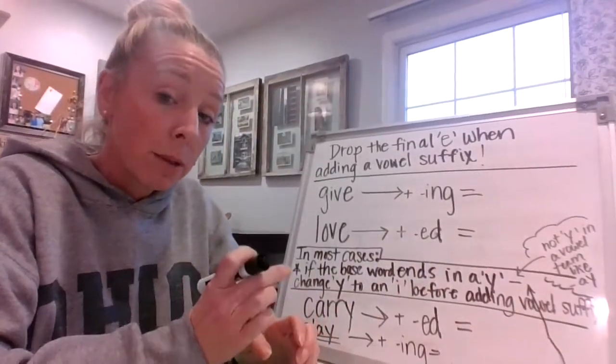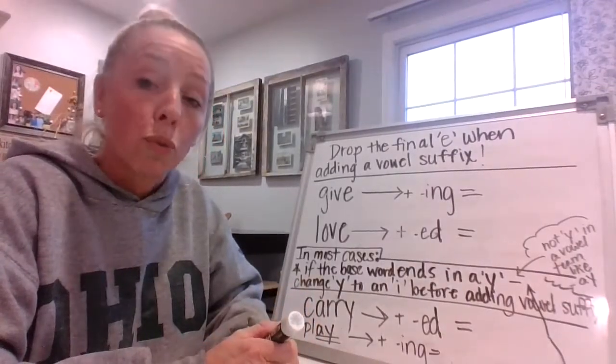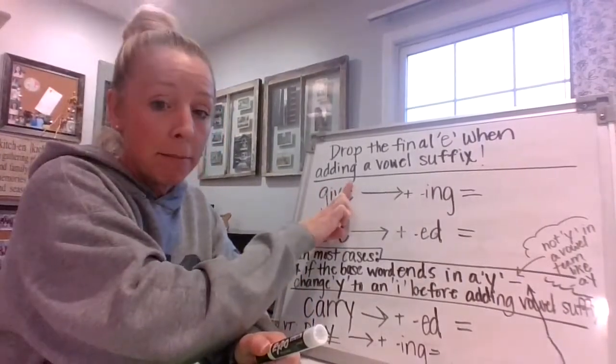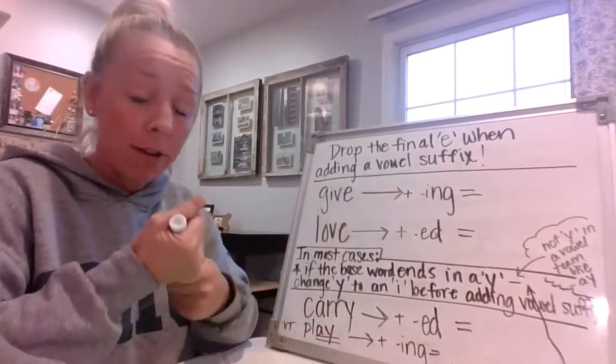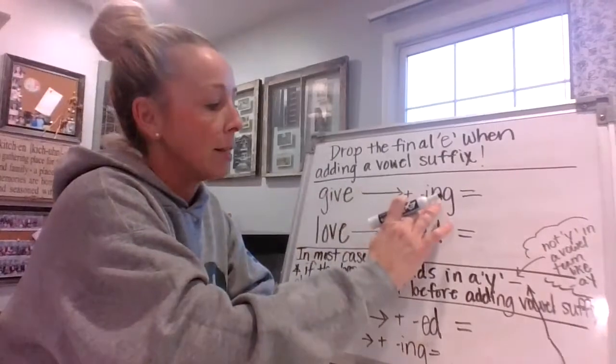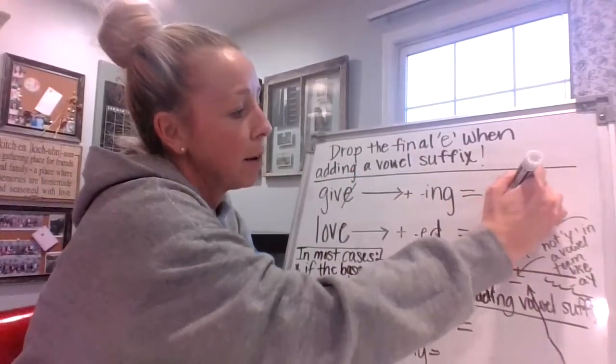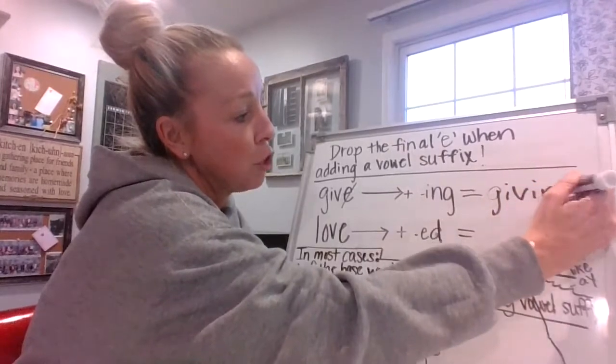So if the base word ends in a final E, we drop the final E before adding a vowel suffix. So give plus ing, drop the final E, and it becomes giving.